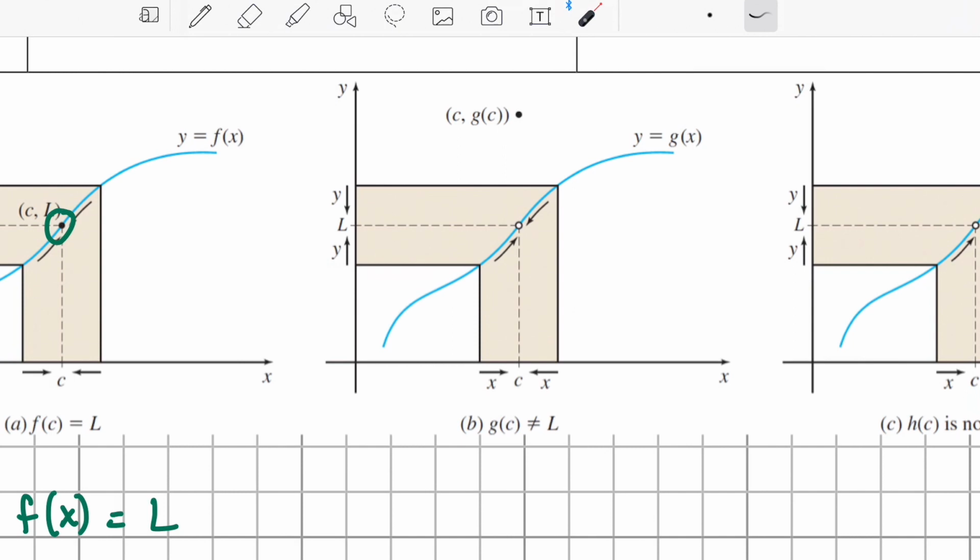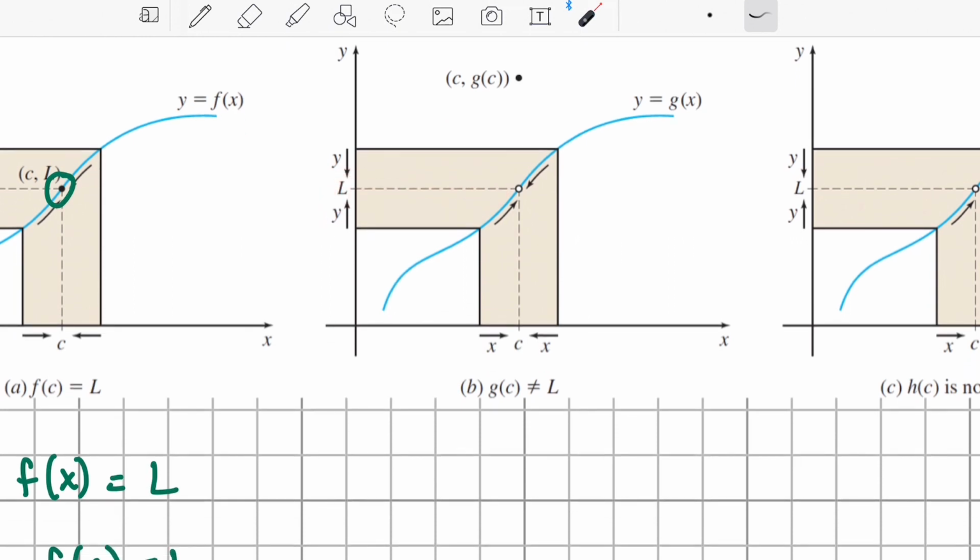Example, as we approach c from the right, the y value is approaching L. And as we approach from the left, the y values are approaching this y value, L. So the limit exists because we are approaching a certain y value from both sides.